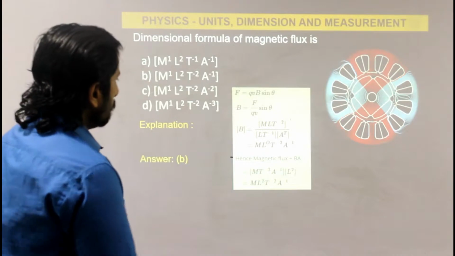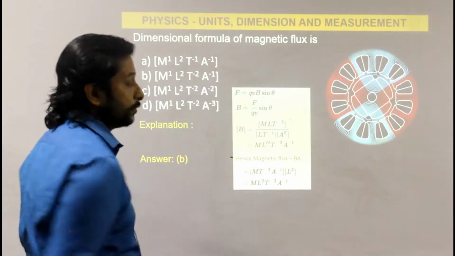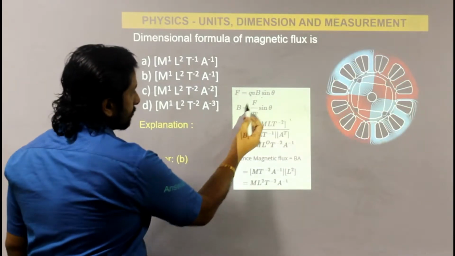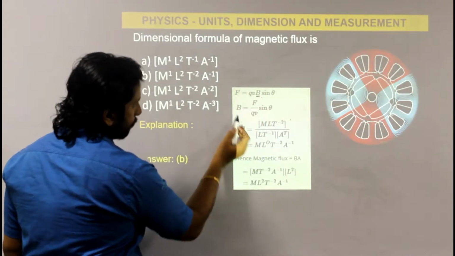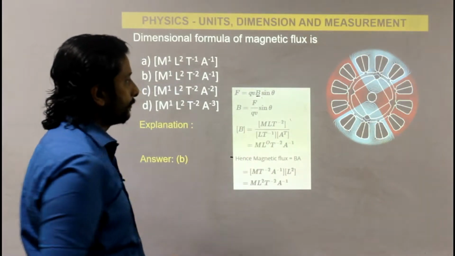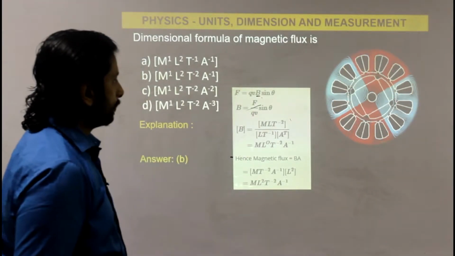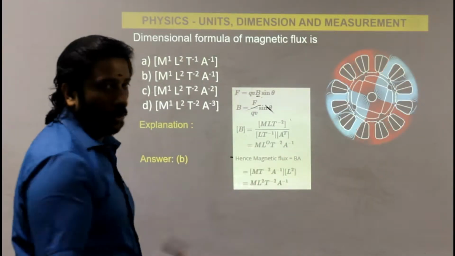Over here, F is equal to Q into v into B sin theta. So I took this B and put it here: B equals F divided by Q into v into sin theta. I remove sin theta because I don't want a numerical value.